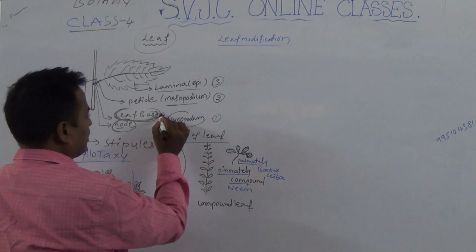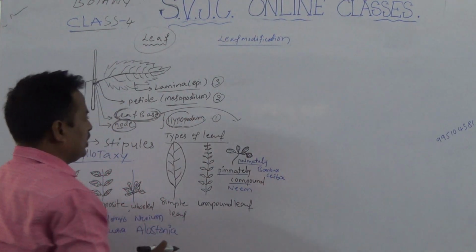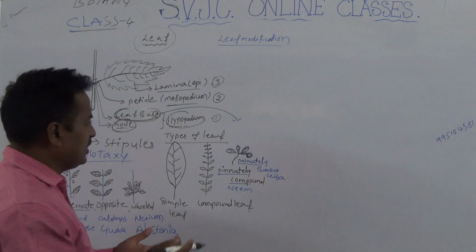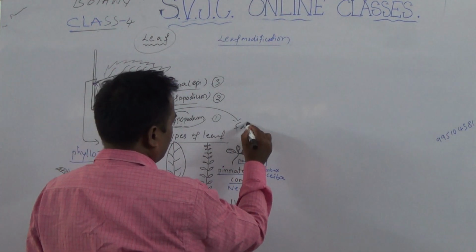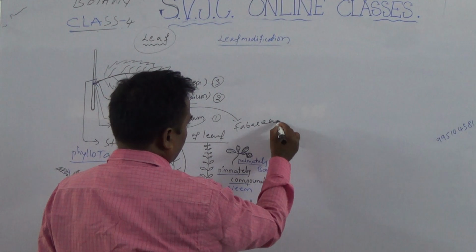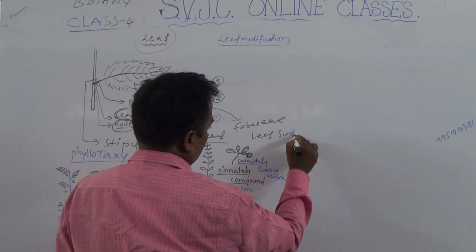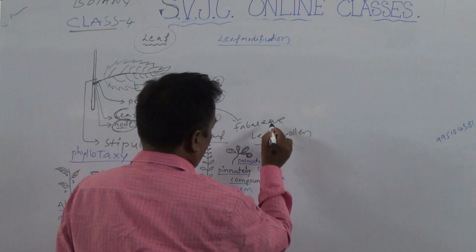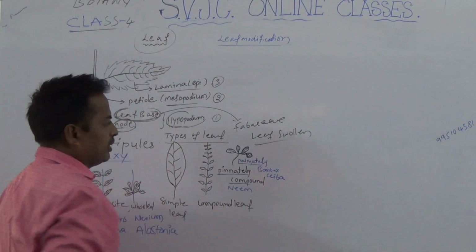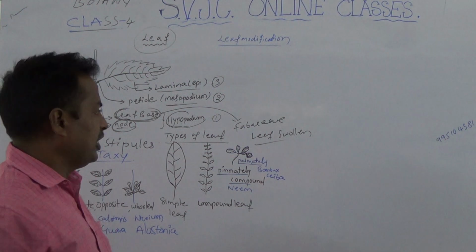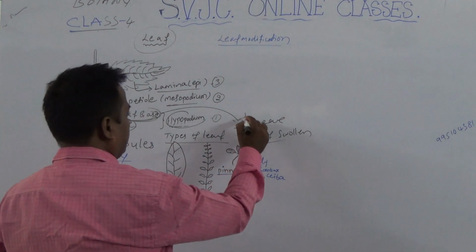And leaf base, in some plants, leaf bases are different. Especially in Fabaceae, it is very important for MHT-CET or NEET examination. In the Fabaceae family, leaf bases are swollen. Students, in which family are swollen leaf bases present? In Fabaceae or Leguminosae plants like pea and bean.